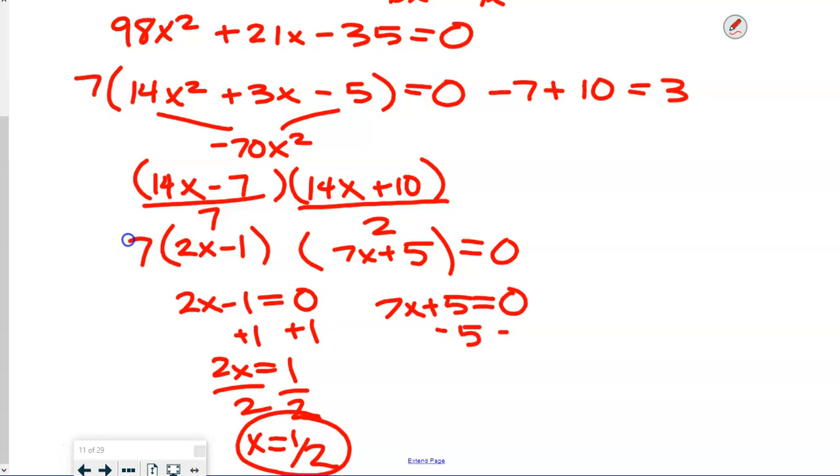So 7x equals negative 5. Then we're going to divide both sides by 7. I don't know why it's slowing down, y'all, but it is. So x is also equal to negative 5 over 7. That's our other factor.